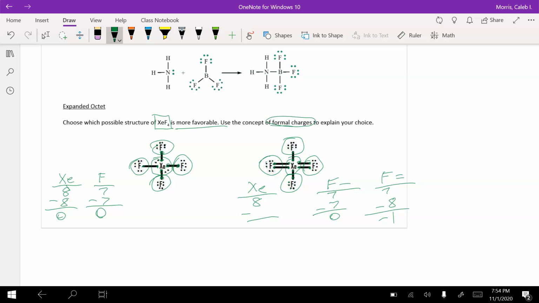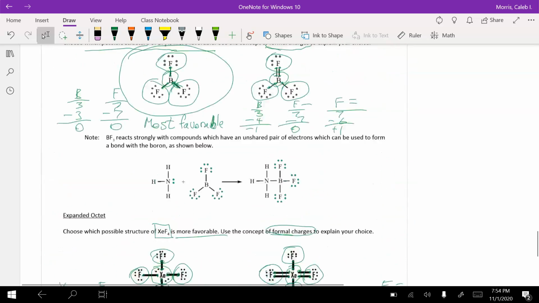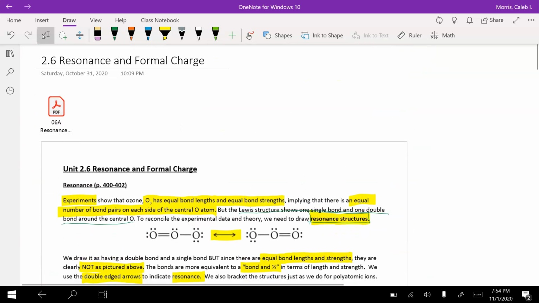So 8 minus 6 equals +2. Our formal charges are not 0 on the right, but they are on the left. That makes this the more favorable structure because we have formal charges of 0. That's it for formal charges, which also sums up our notes that covered resonance and formal charges. Spend the remainder of class working through some practice problems.